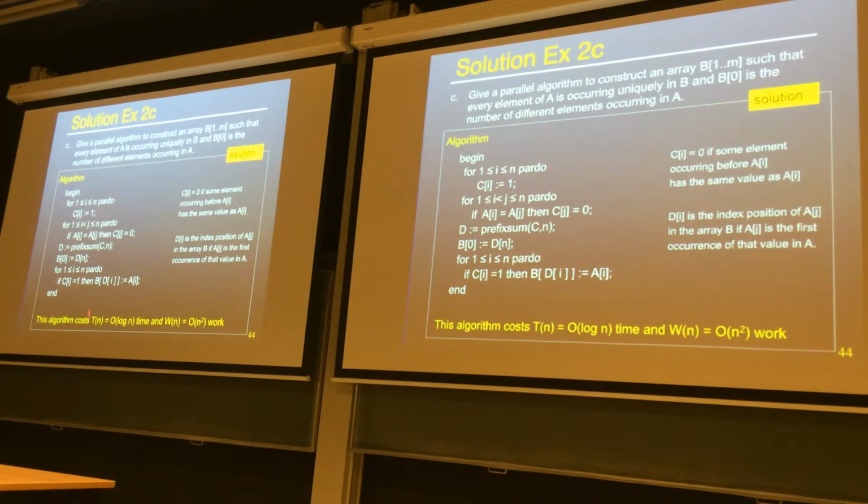What's the cost of this algorithm? Well, of course, it's dominated by the prefix sum computation, and you know that in this for loop we have an O(n squared) amount of work. So time is log n and work is... Okay.